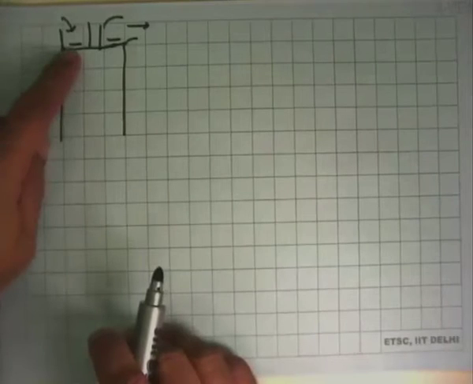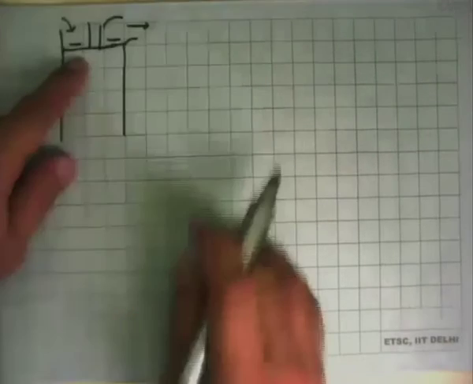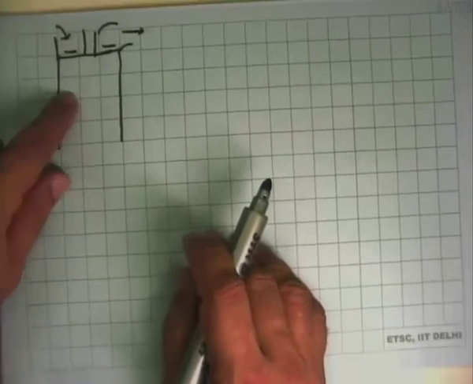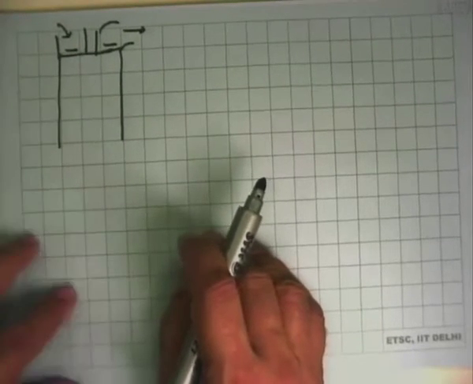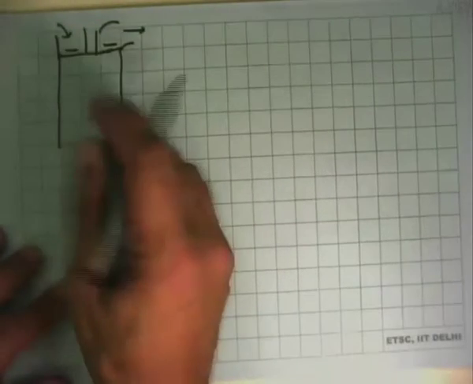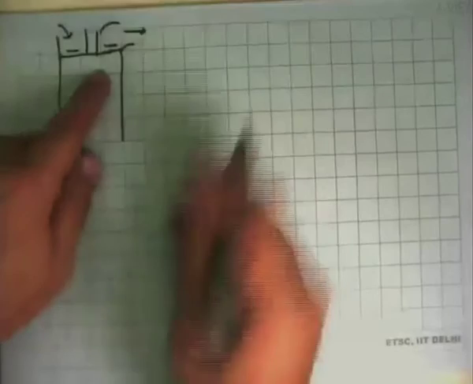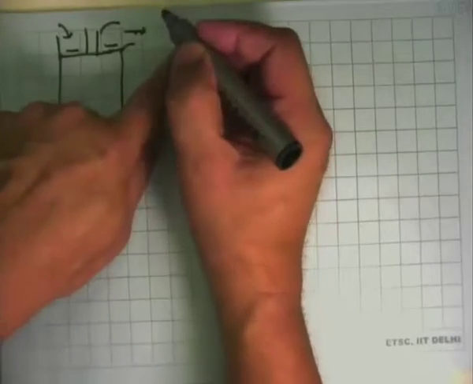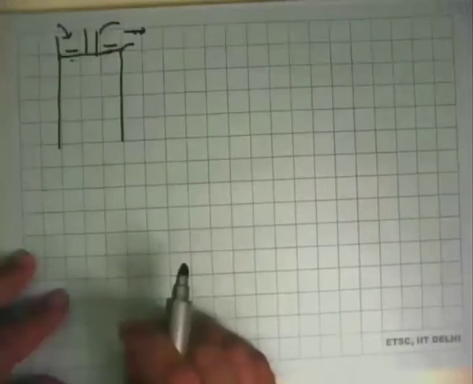What this valve does is that when the pressure inside is less than the pressure here, this opens and allows the gas, or the vapor, to flow in. And what this valve does is that when the pressure here is more than the pressure here, it pushes the gas out. So there are two valves which do this job.